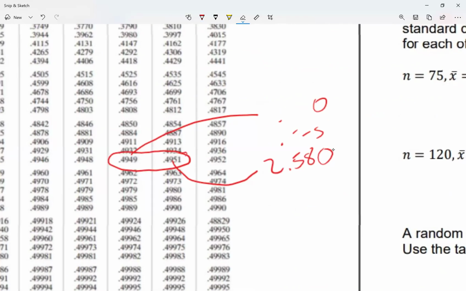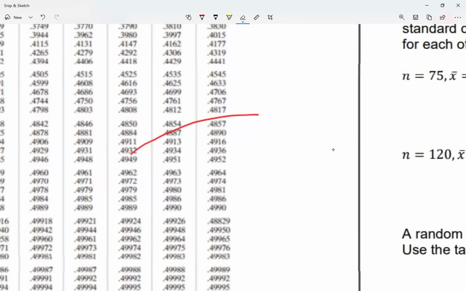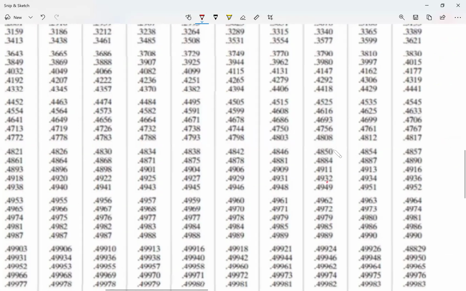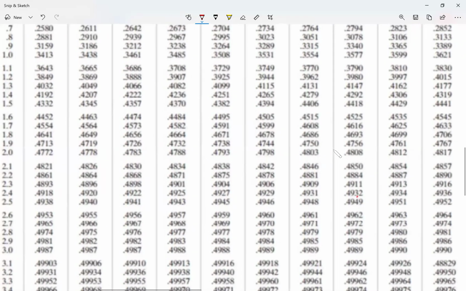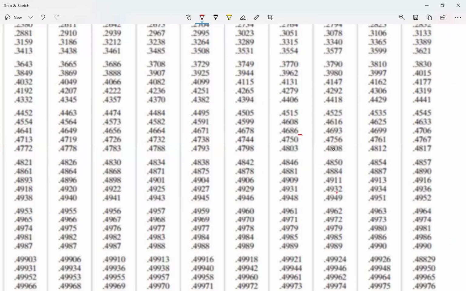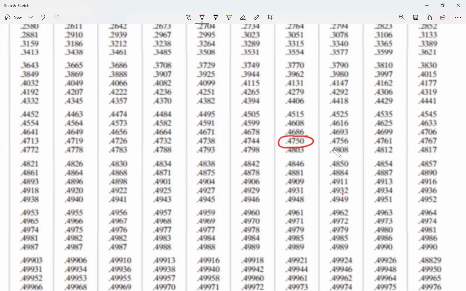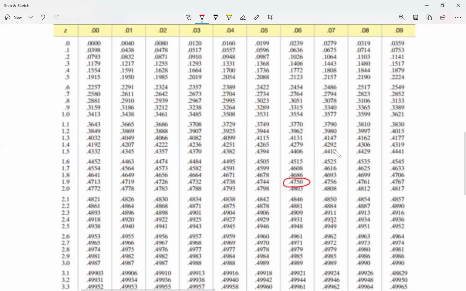Okay. So let's get here. Let me erase this from our previous work. So I'm looking for 0.475. It's right here. Good. I see it. So what's my C-score on that one? Let me zoom out.